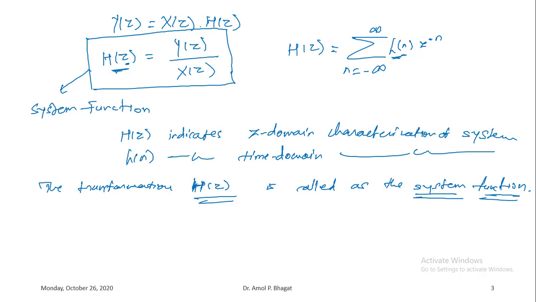H of z indicates the Z domain characterization of the system, while h of n indicates the time domain behavior or characterization of the system. And this H of z will be called the system function.